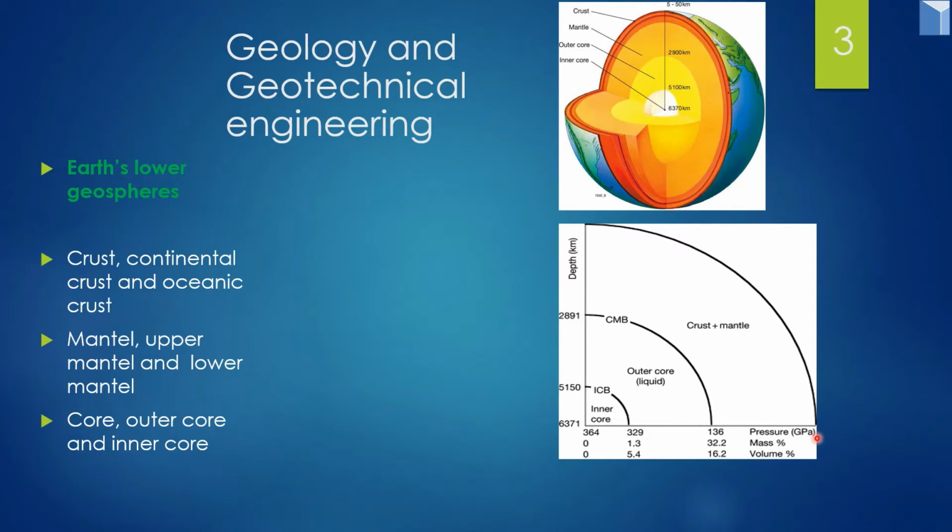These boundaries are usually 5 to 70 kilometers below the Earth's surface, which means that the crust of the Earth is between 5 and 70 kilometers thick.